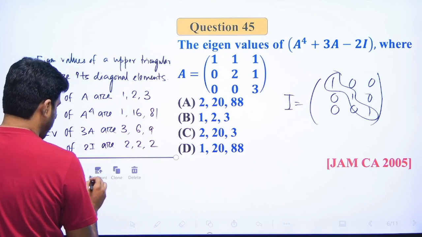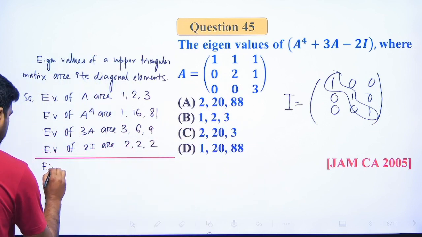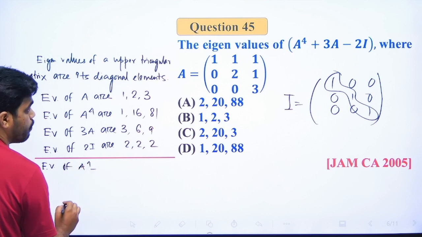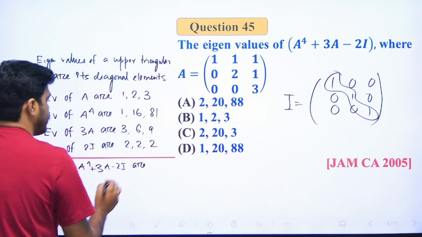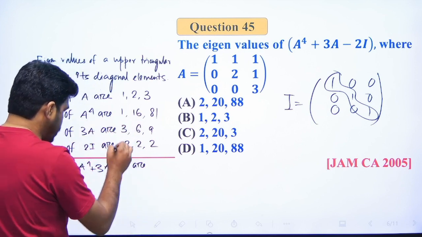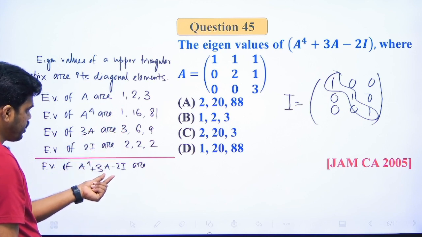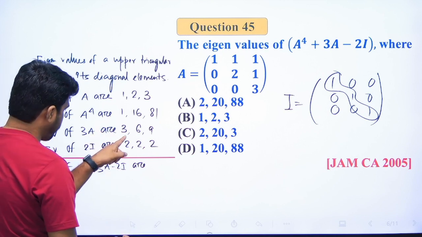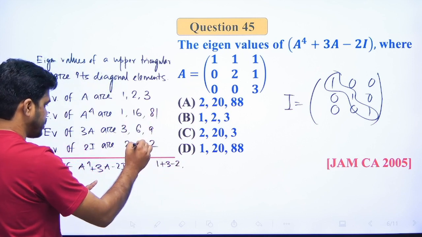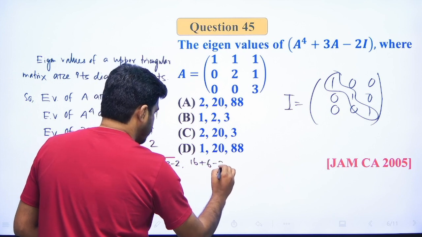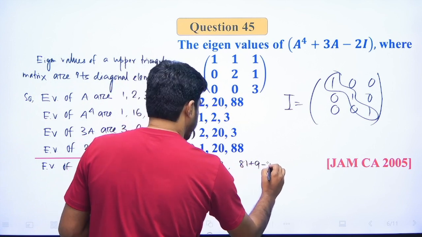Okay, so eigenvalues of A to the power 4 plus 3A minus 2I are the corresponding eigenvalues: 1 plus 3 minus 2, comma, 16 plus 6 minus 2, comma, 81 plus 9 minus 2. Is it clear?